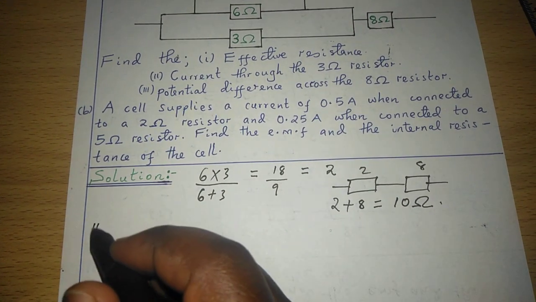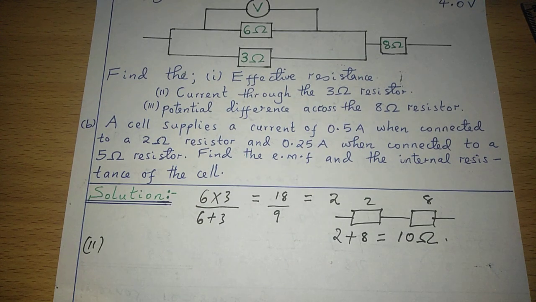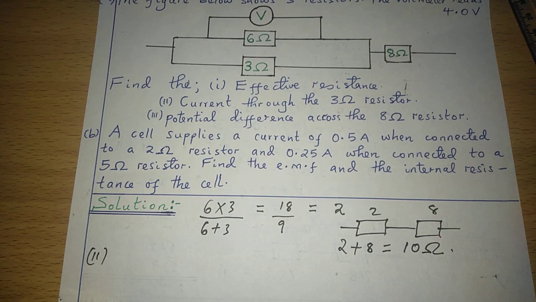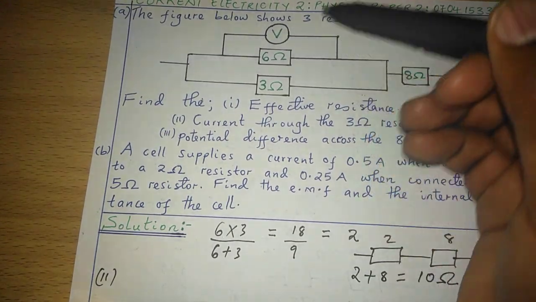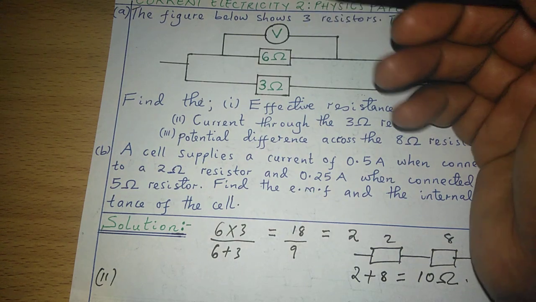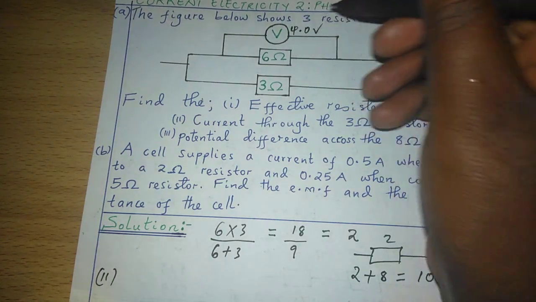Part 2, we are told to find the current through the 3 ohm resistor. For us to get the current through the 3 ohm resistor, we first of all have to get the potential difference there. What we should understand is that the voltage drop across the 6 ohm resistor is 4, since we've been told that it reads 4 volts.